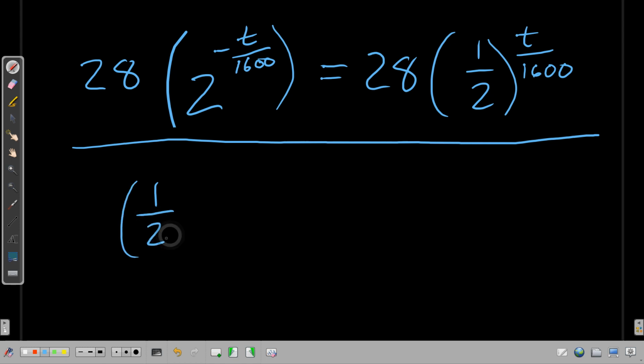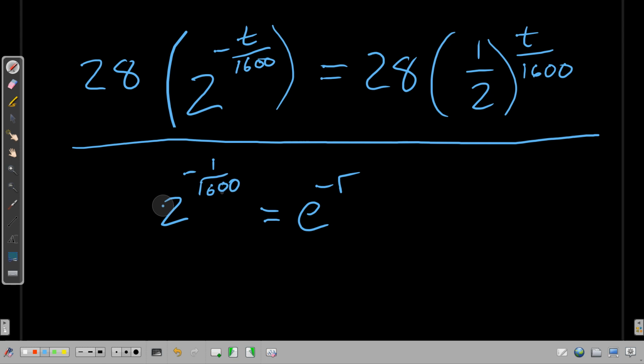All we need to do is figure out where 1/2 to the power of 1 over 1600 would equal some e to the minus r. Or instead, I'll say 2 to the minus 1 over 1600 equals e to the minus r. Because then the negatives aren't going to do anything, right?